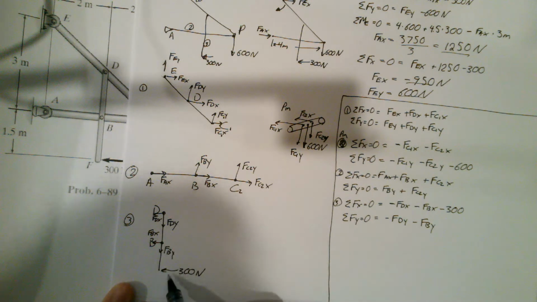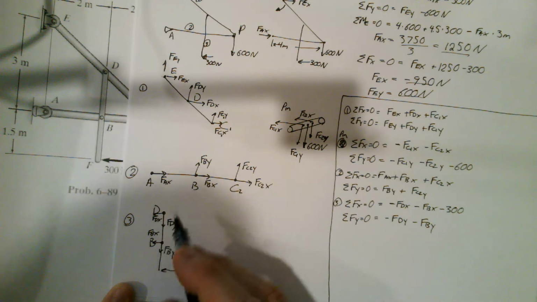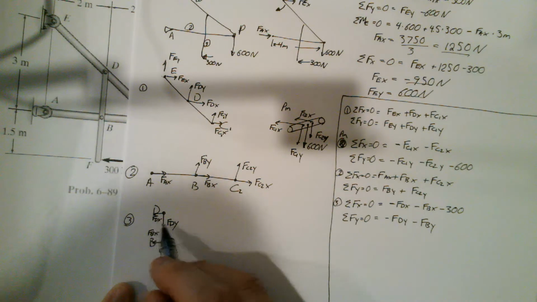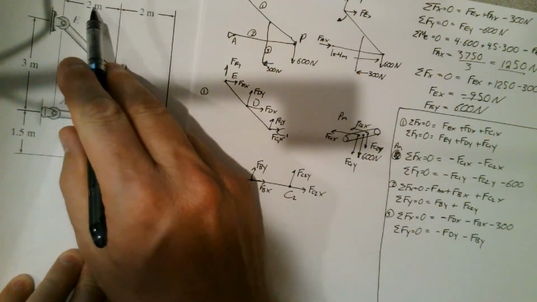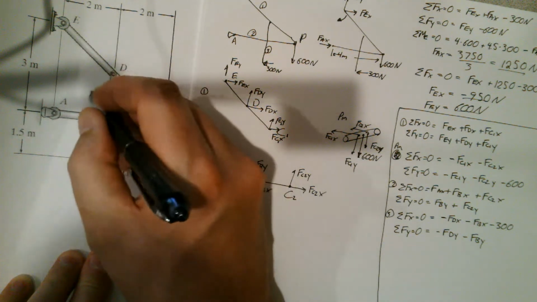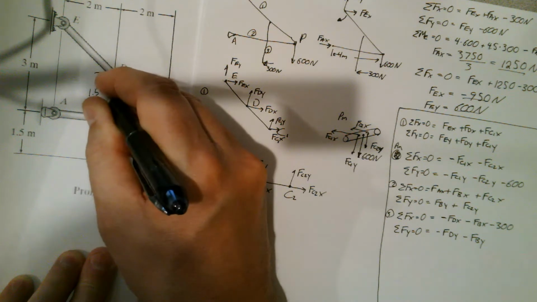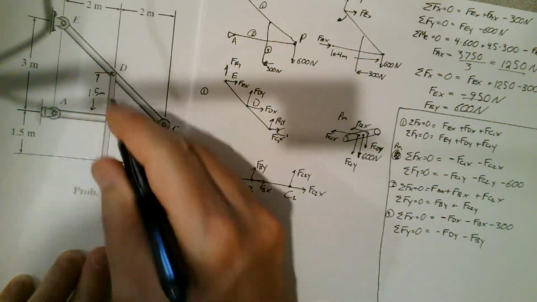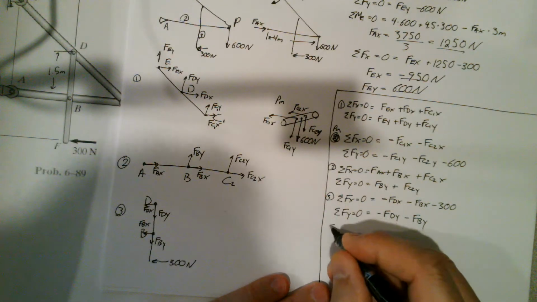And so the only forces are this one and FDX, the 300 and FDX. And if we sum up the moments around here, we can get FDX, and it's actually even easier because this is halfway this way, it's halfway this way. So this is 1.5, so it's equal distance, so let's just write that out.